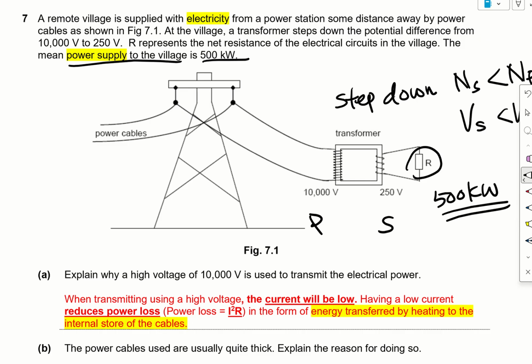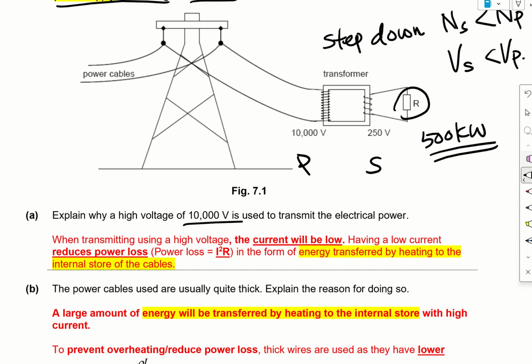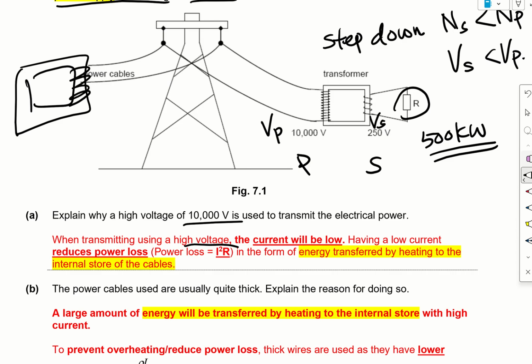Let's read on. Explain why a high voltage of 10,000 volts is used. So this is my VP, and this is my VS for this side. When transmitting using a high voltage, that means over here there is also a transformer. It is a step up.